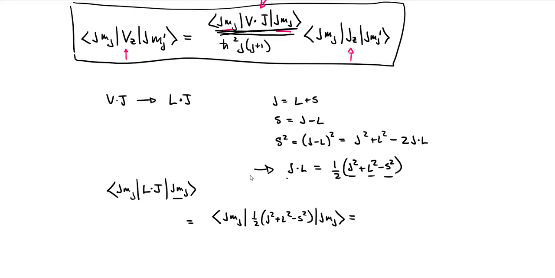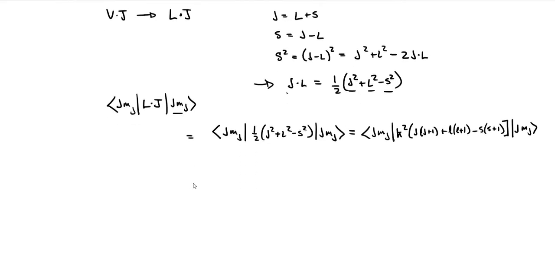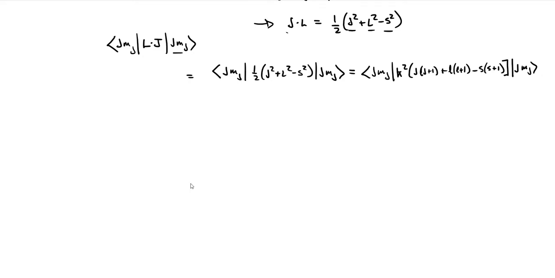Knowing the action of those operators on those eigenvectors, this ends up being ħ² times [j(j+1) + l(l+1) − s(s+1)] over 2, times ⟨j m_j|j m_j⟩.